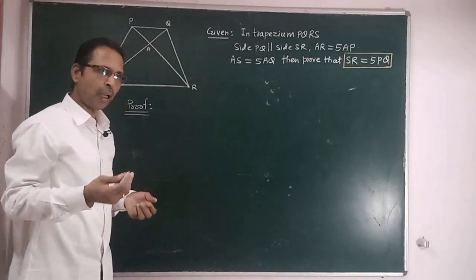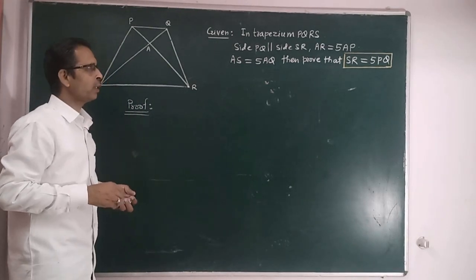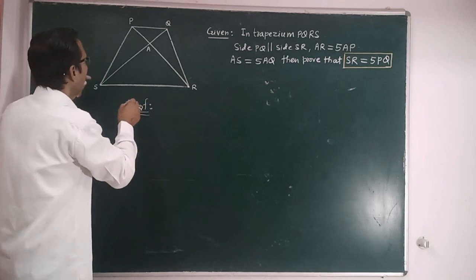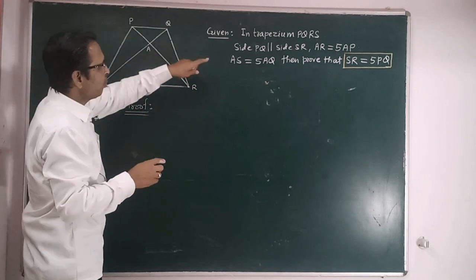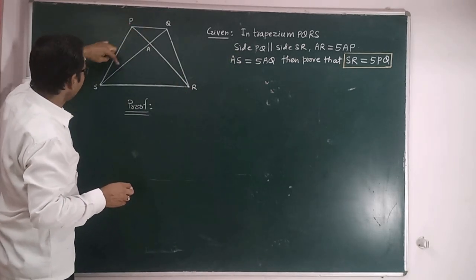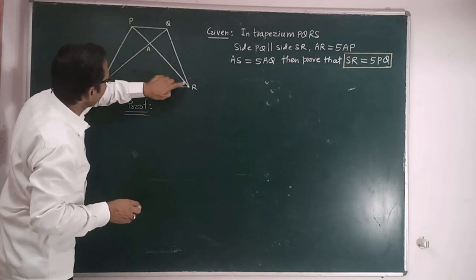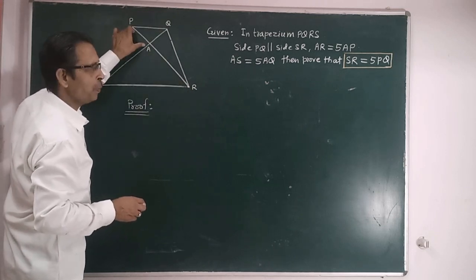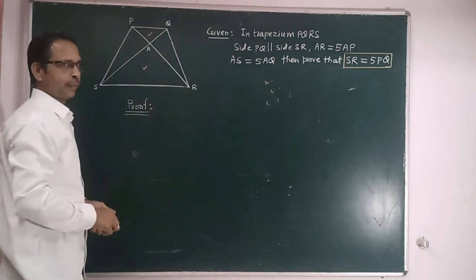Now first we have to select the triangles that we have to show are similar. When we are given the relation of the sides in this diagram, see here, AS is equal to 5 times AQ and AR is equal to 5 times AP. That's why these two triangles we have to select.